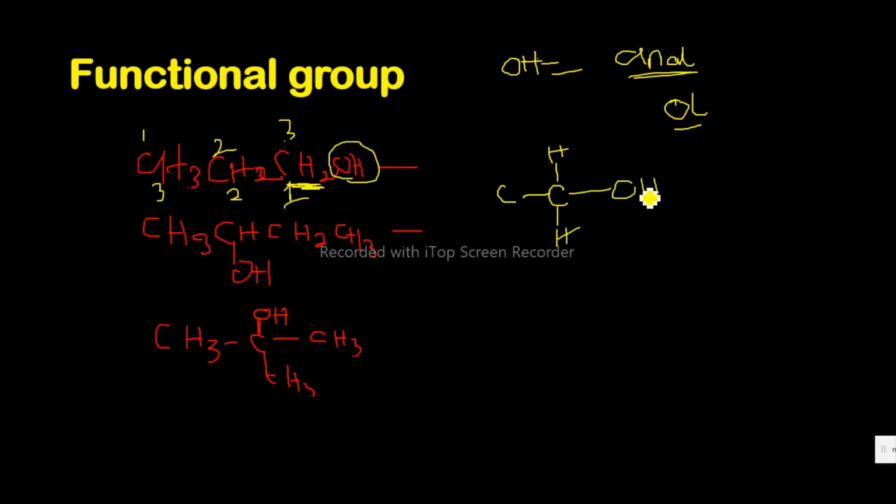So if I stretch the bond, it is like this. But for aldehydes, where we write anal, it will be written as this CHO. If it is written like this, it means the O is here and then the H is here. So now these two are different. This is an OH and so this is an alcohol, whereas this is an aldehyde.